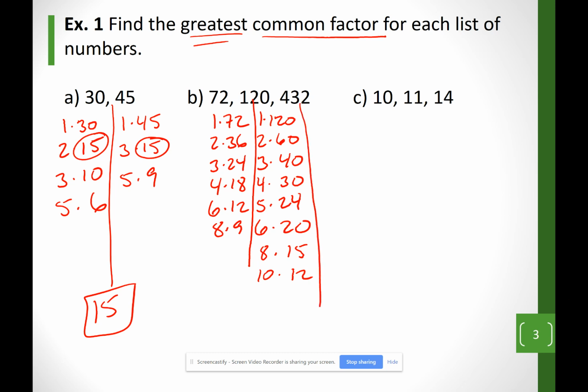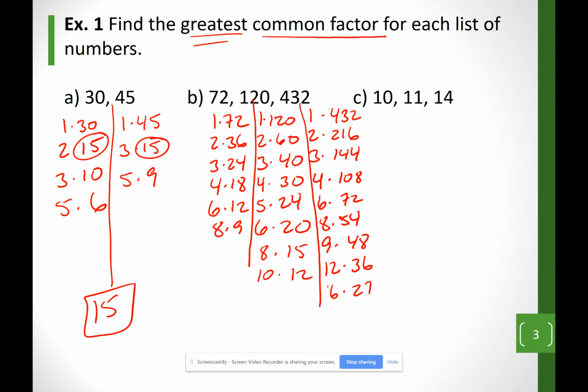Now for 432, I'm going to go 1 times 432, 2 times 216, 3 times 144, 4 times 108, 6 times 72, 8 times 54, 9 times 48, 12 times 36, 16 times 27, and 18 times 24.